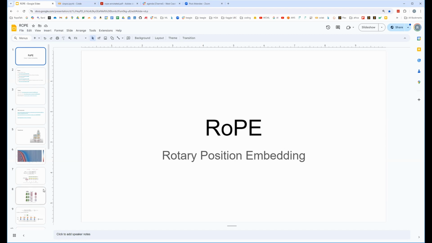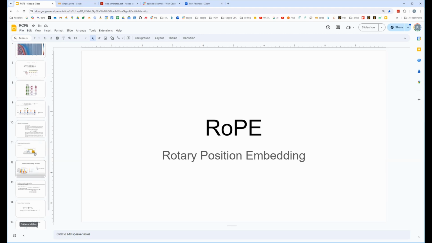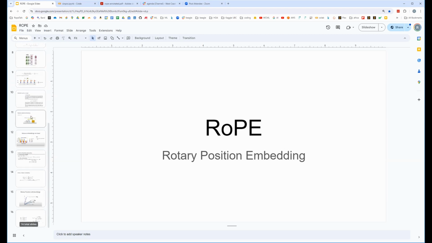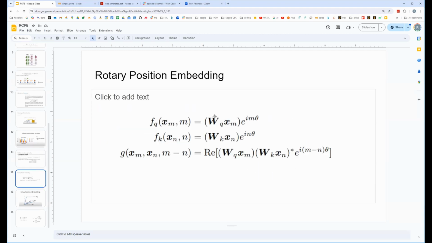Okay, I think we need a quick summary of RoPE. I'm not going to go through last week's coverage, but RoPE is rotary position embedding. It's defined by these equations.